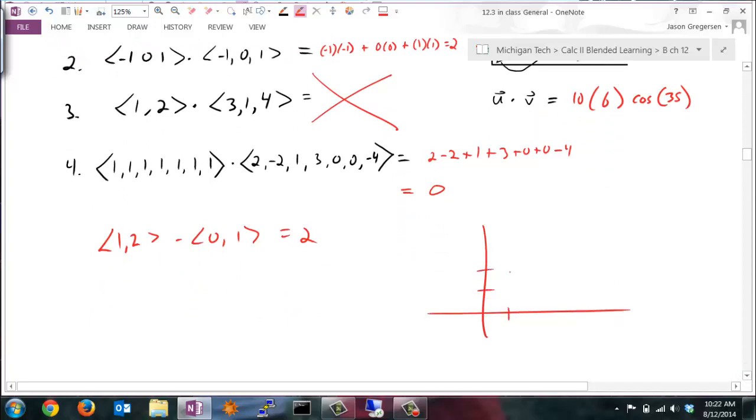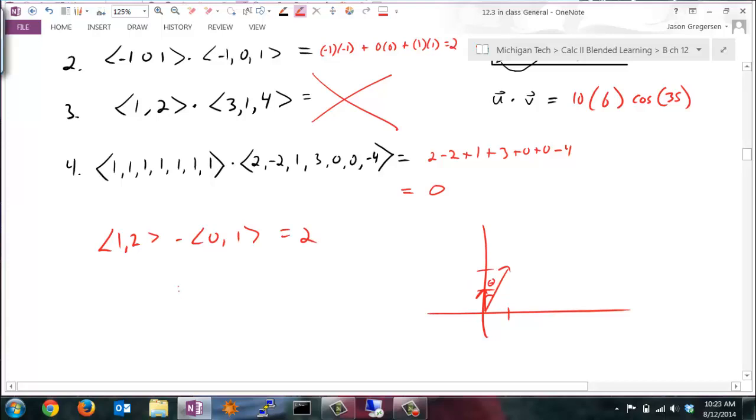This is the vector 1, 2. This is the vector 1, 0. There is some theta angle in between. If I wanted to find that angle in between, it would be a little tricky. I'd have to maybe create some sort of triangle, use a little geometry, try to figure out that angle. But I can actually find that angle just using these two different definitions of the dot product.